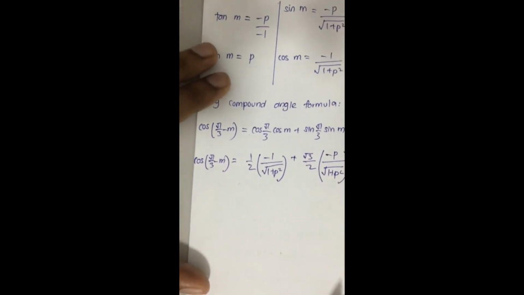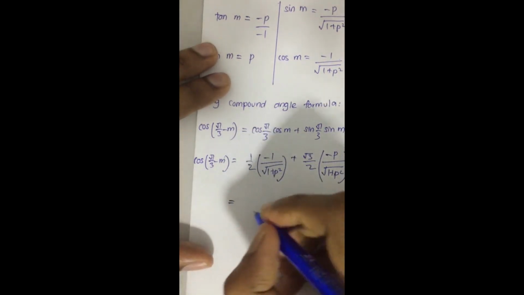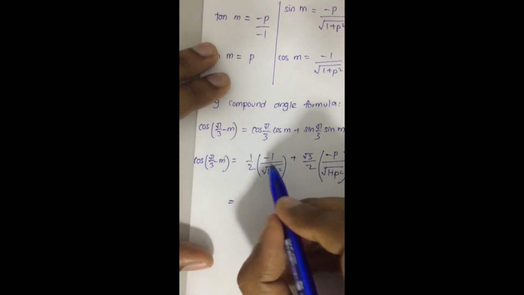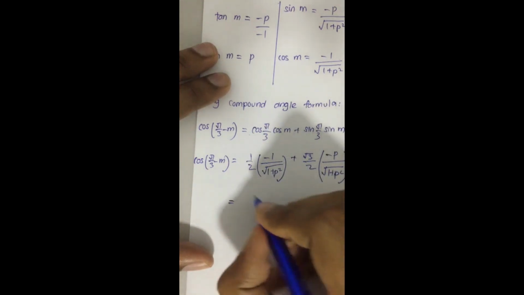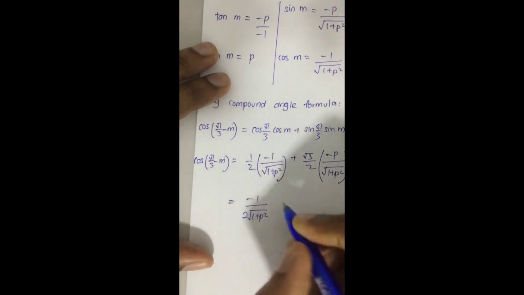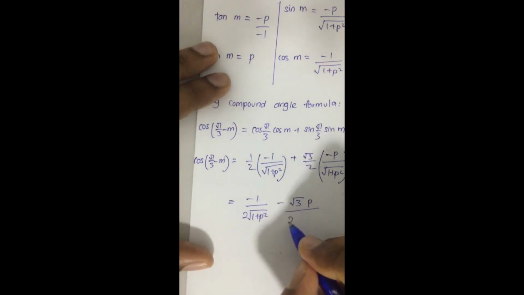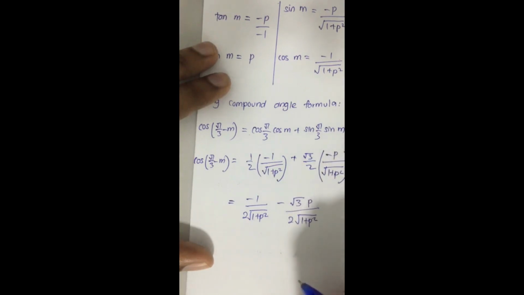Sorry guys if my handwriting is getting messy. So from here let us multiply. We get negative 1 over 2 square root of 1 plus p square, and then minus square root of 3 p divided by 2 square root of 1 plus p square.